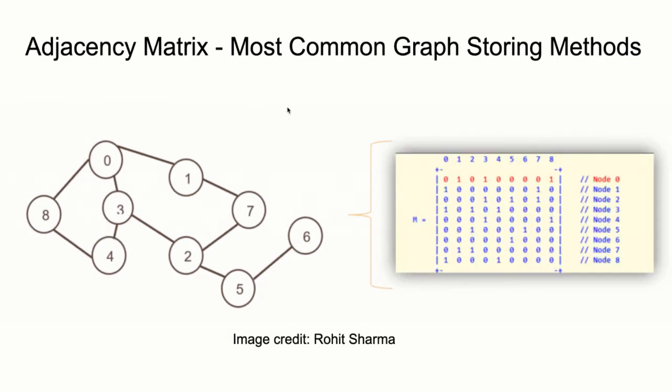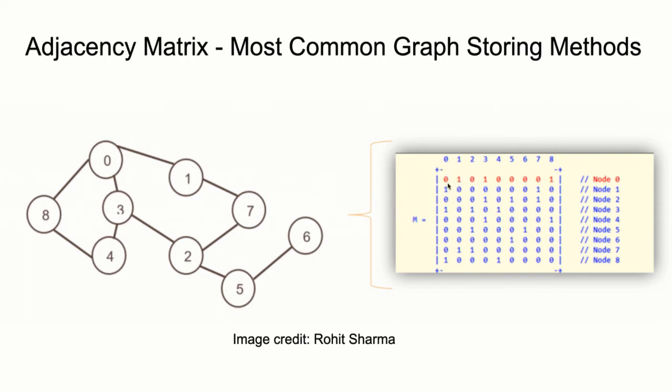The other most common way to store a graph is with an adjacency matrix. An adjacency matrix is a matrix, of course, where the nodes are represented by a row of nodes and a column of nodes.